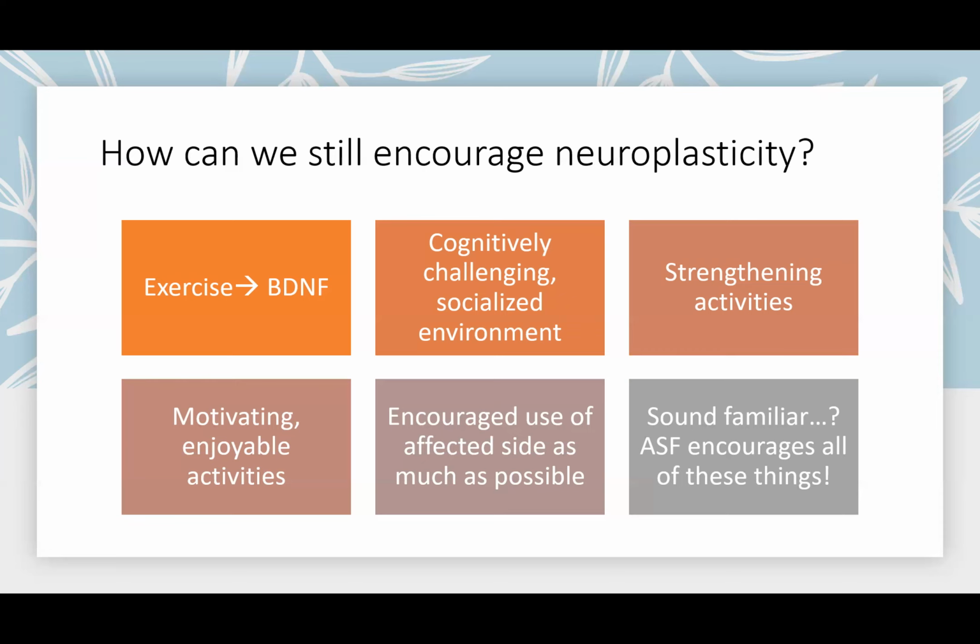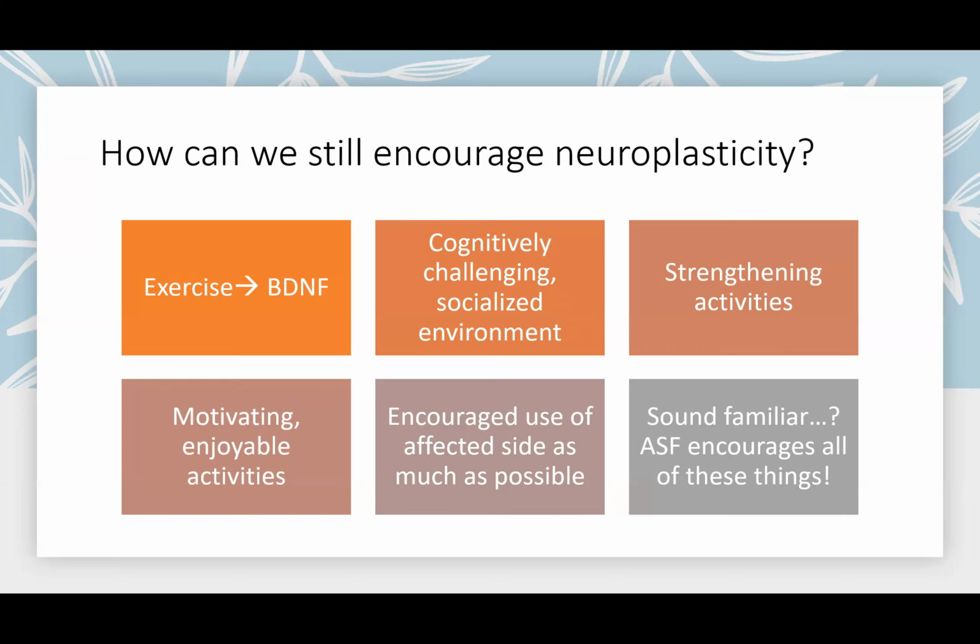So weight bearing kind of goes in with strengthening activities, but I know I emphasized a lot earlier on stretching, and while stretching is very important for a host of reasons, it's important to understand that stretching is not what is going to fix spasticity. Stretching is more so truly to keep range of motion and prevent contractures.